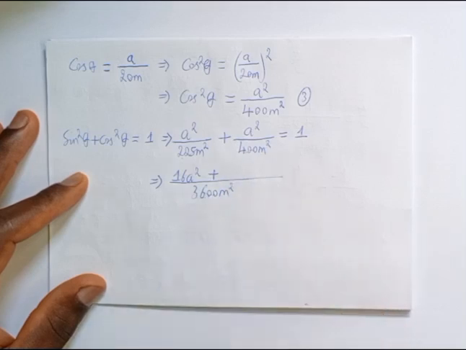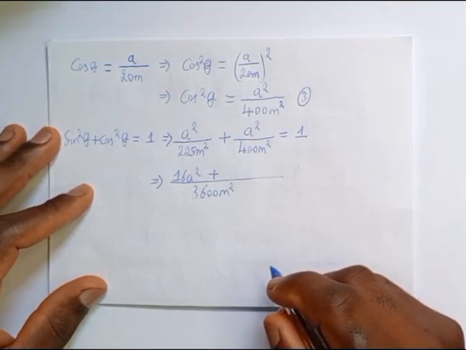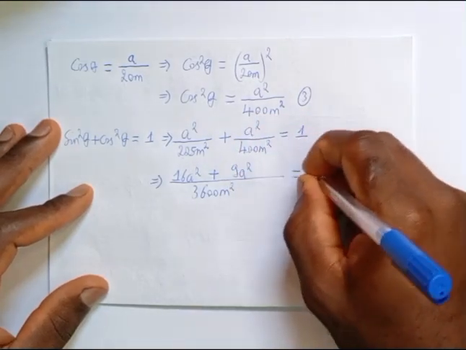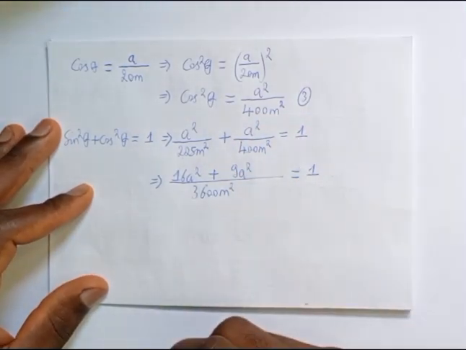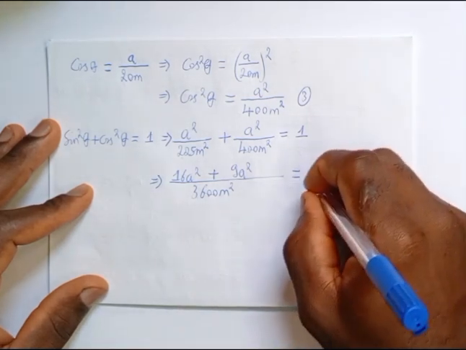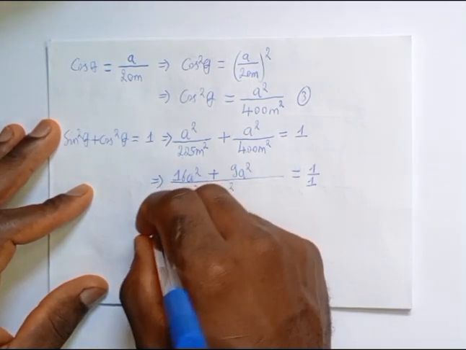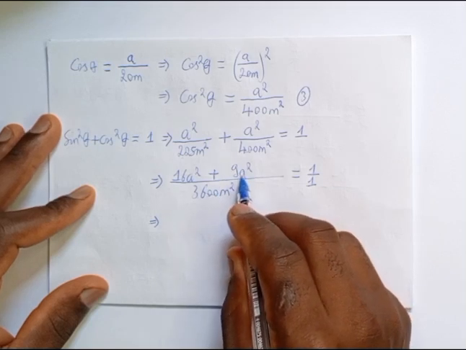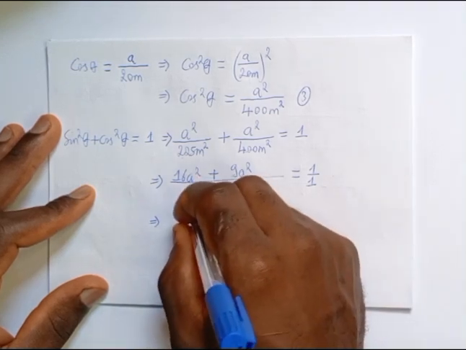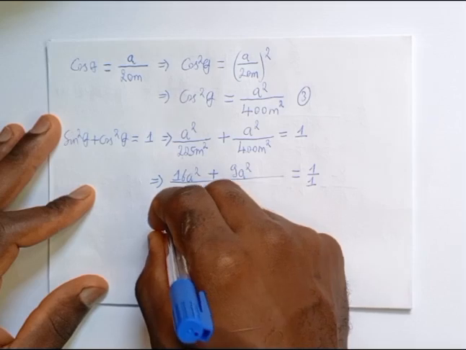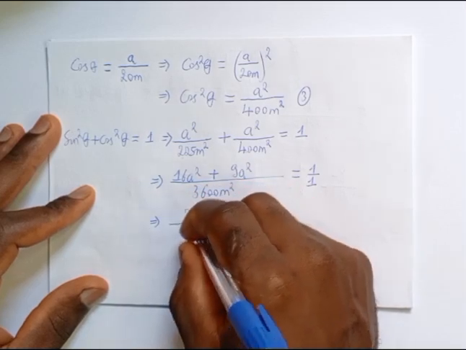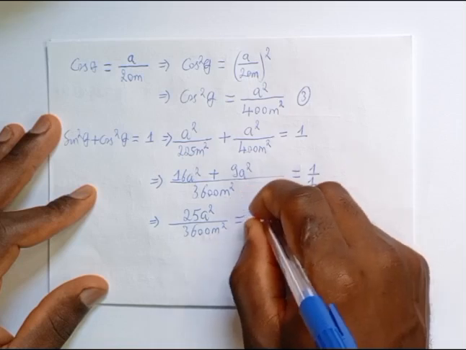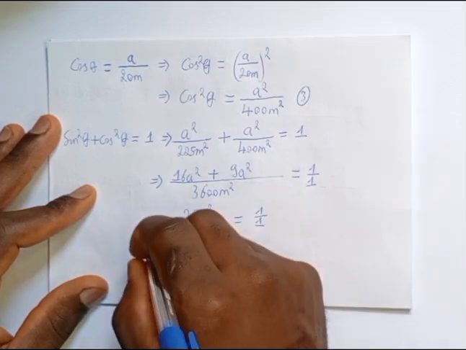This will give us 9 times A squared, 9A squared, and this is equal to 1, which can be expressed as 1 over 1. Then 16A squared plus 9A squared gives us 25A squared all over 3,600 meters squared is equal to 1 over 1.